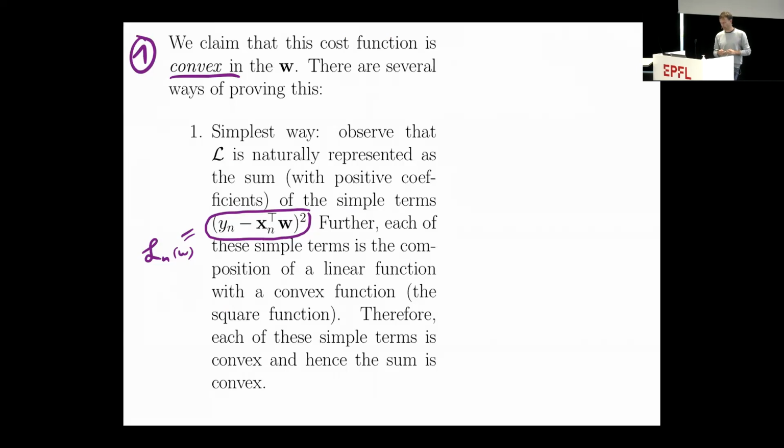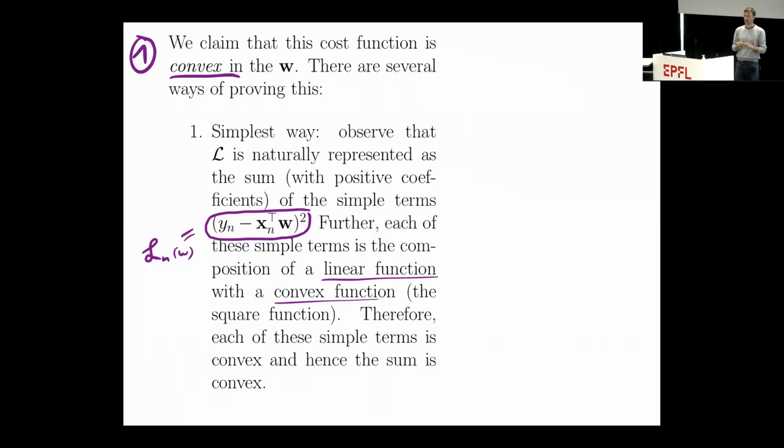So what we have here is this vector gets applied with a linear mapping, so it just gets linearly mapped to a number, and then it gets squared, and it also gets subtracted from the w. If you know this fact, I mean, we haven't proved it, that you can compose a linear function with a convex function and still have a convex function, then that's one way to show that this is a convex function.